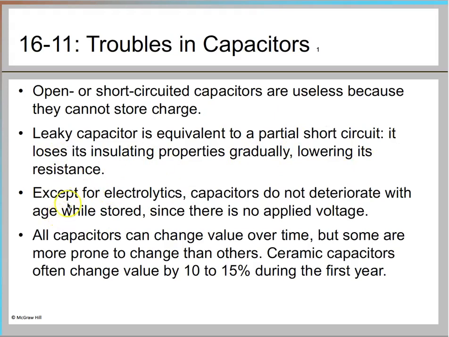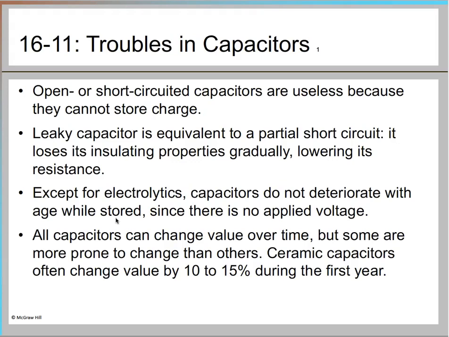Now next is the types of capacitors and how their values change over a period of time. An electrolytic capacitor does not deteriorate with age while stored, since there is no applied voltage. But other capacitors can change their values over time, and some are more prone to change than others.